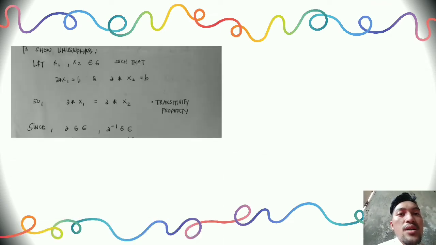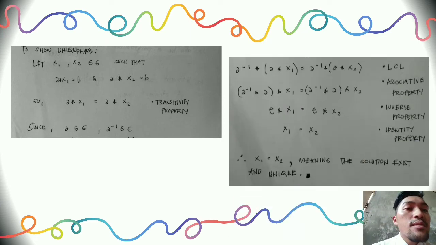So, to show uniqueness, let X sub 1 and X sub 2 be elements of G such that A star X sub 1 equals B and A star X sub 2 equals B. By the transitivity property, A star X sub 1 equals A star X sub 2. Since A is an element of G and A inverse is an element of G also, we are just going to substitute the first one.